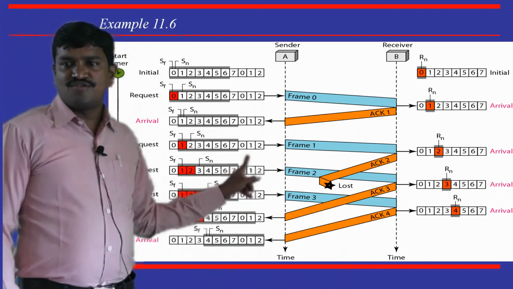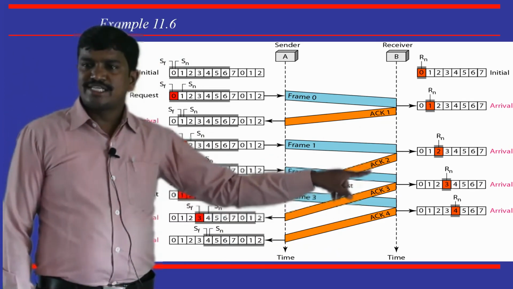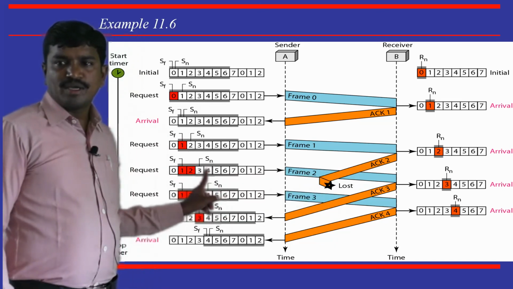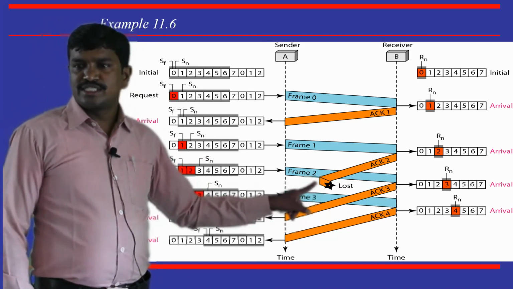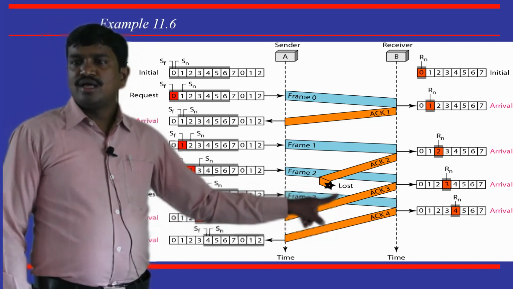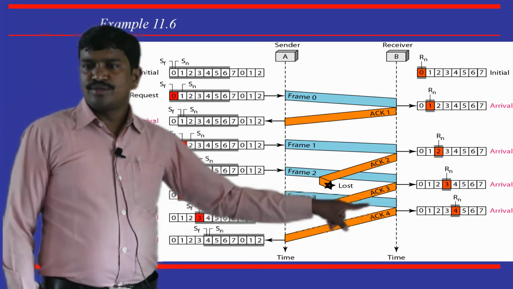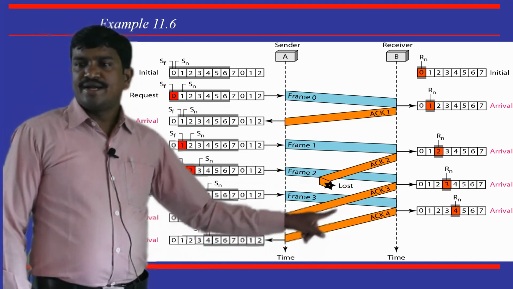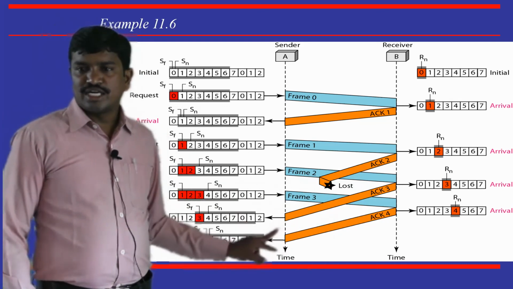Likewise, when we send frame 1, frame 1 is expected and that is received, and RN is expecting 2. But the acknowledgement is lost. We are not stopping our work, we send frame 2, and when frame 2 is received here, RN is 2, so frame 2 is also accepted, and RN is set to 3, and then frame 3 is sent, and RN is set to 4, and the fourth acknowledgement is given.